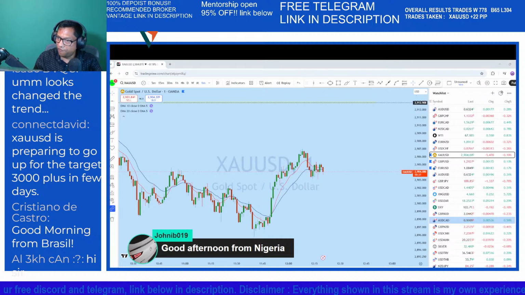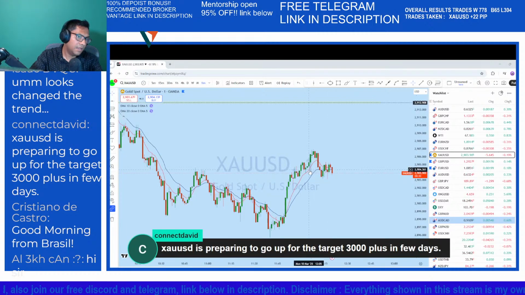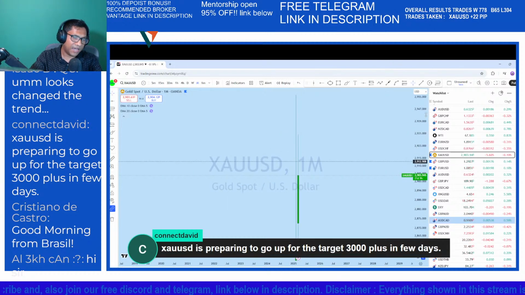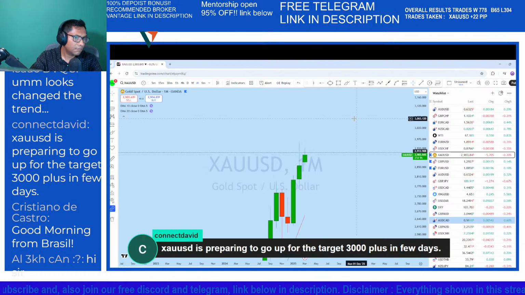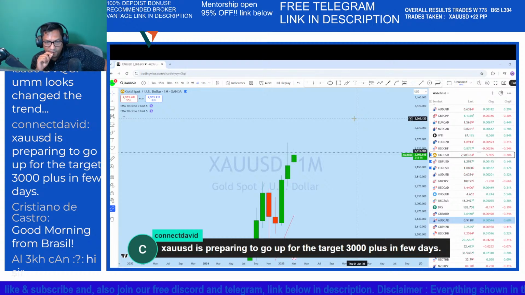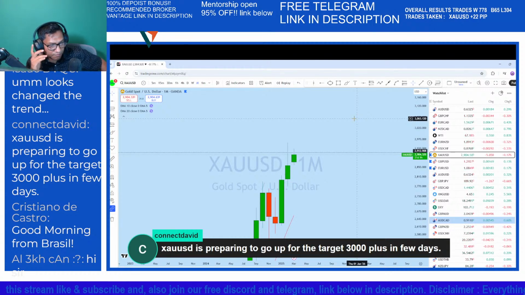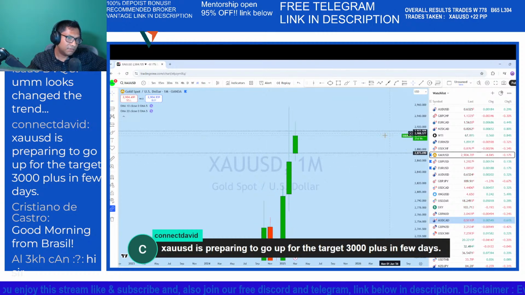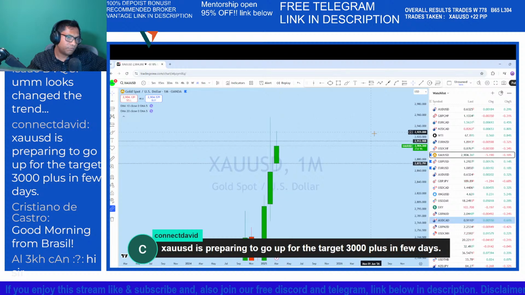XAUUSD is preparing to go up for the target of 3000 plus in a few days. At the moment, what you see is the monthly, this is the current monthly candle, right? So if we look at the first 10 days of March, this is the monthly candlestick pattern, and in this monthly price action, we see that this is the monthly support.